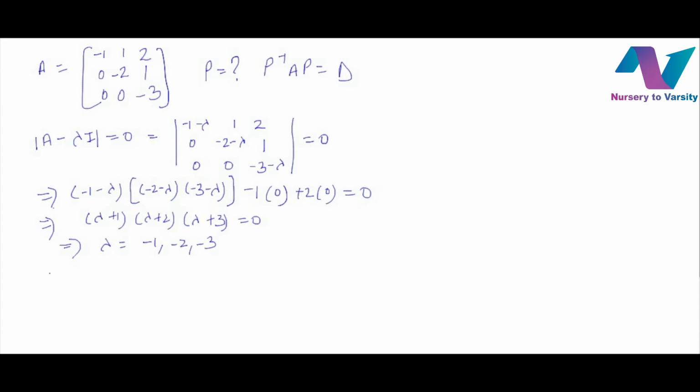Now we will find the eigenvector. First, for the eigenvalue lambda = -1, we will find the eigenvector. So this is [-1 - (-1), 1, 2; 0, -2 - (-1), 1; 0, 0, -3 + 1] times [x1, x2, x3] = 0.